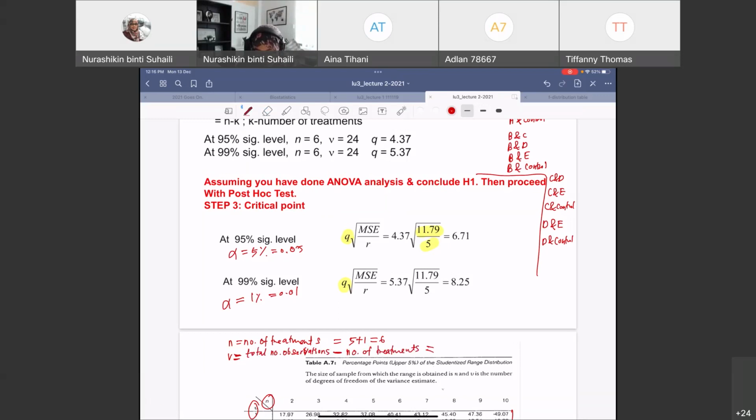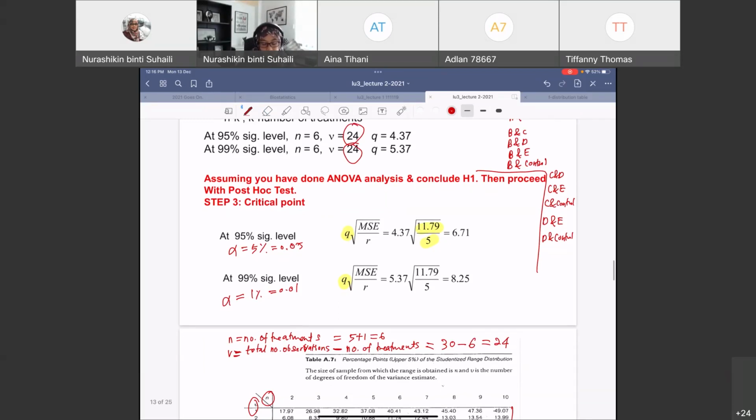So which is actually 30 minus 6. That's why you got 24. So we got 24. Or you can see the degree of freedom of the error. Okay, take it from the error, which is 24.